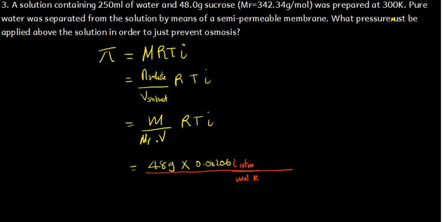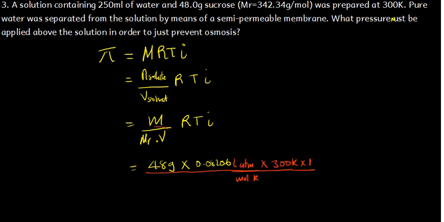And then on top we also have the temperature. Now the temperature should be in Kelvin because we're talking about Kelvin in the unit for the universal gas constant. The temperature is 300 Kelvin. The other thing that you have not put is the Van't Hoff constant. Sucrose is a sugar, and the Van't Hoff constant is 1 because it is an organic compound.